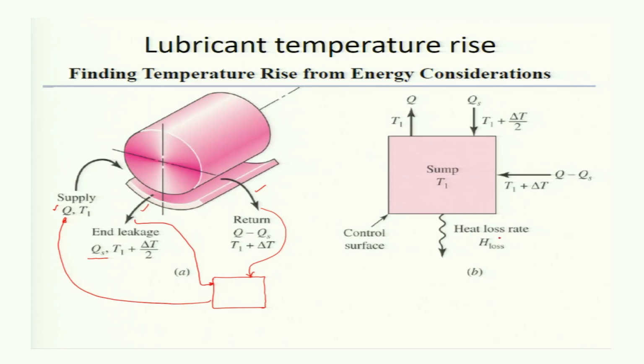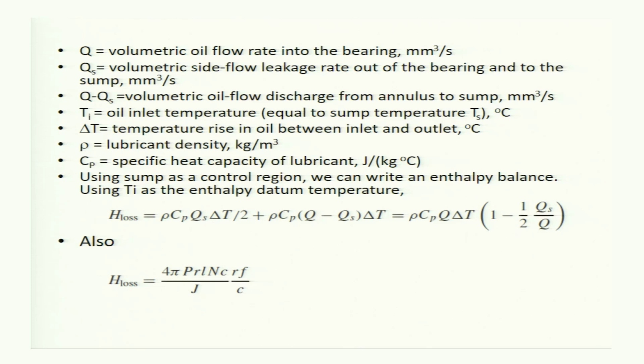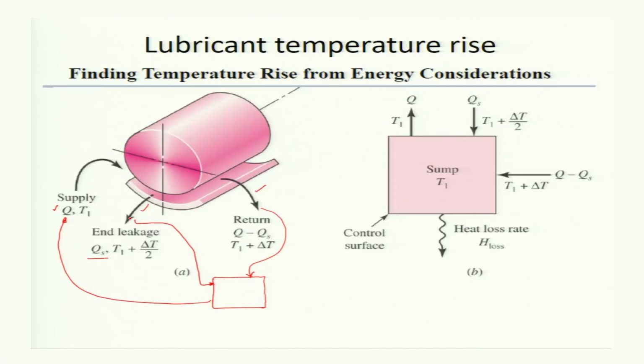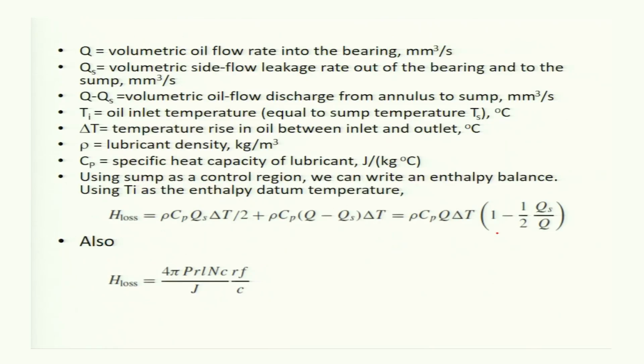So there will be some heat loss. So on this control volume, when we apply the equilibrium, the energy balance will provide you this heat loss, and the heat loss is given by this formula.